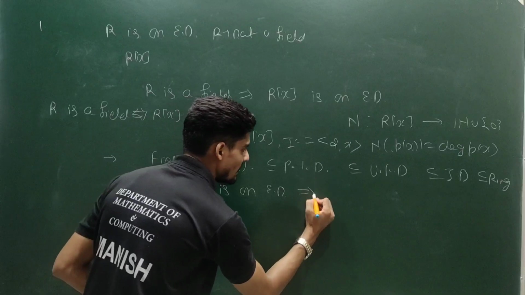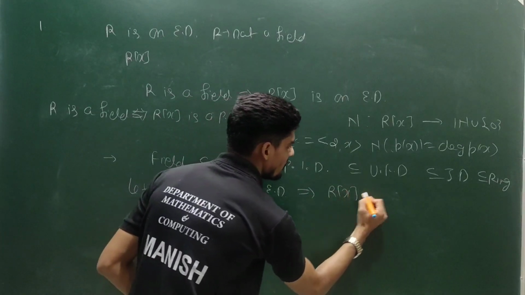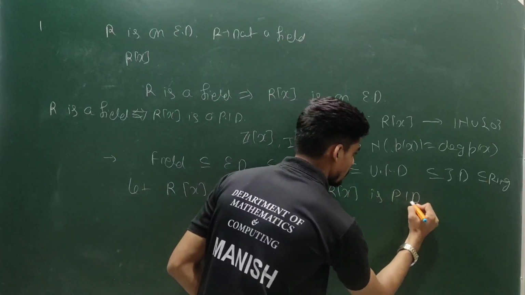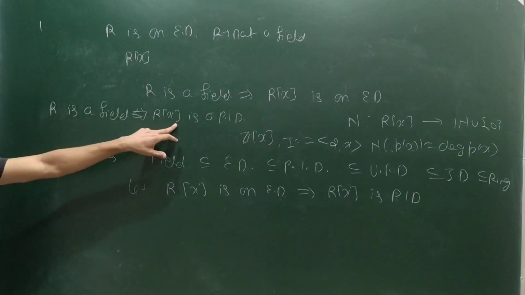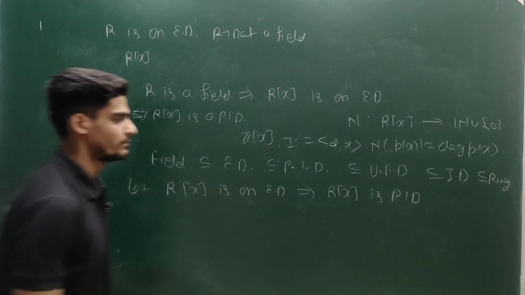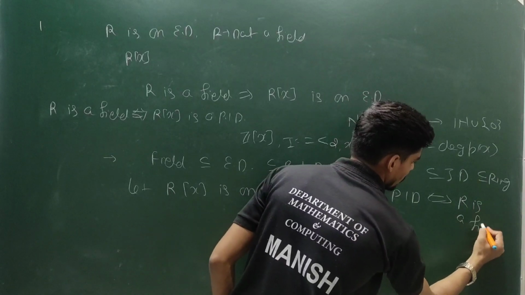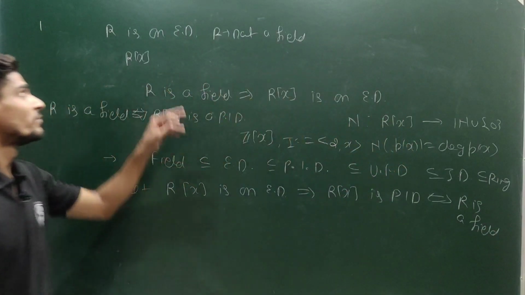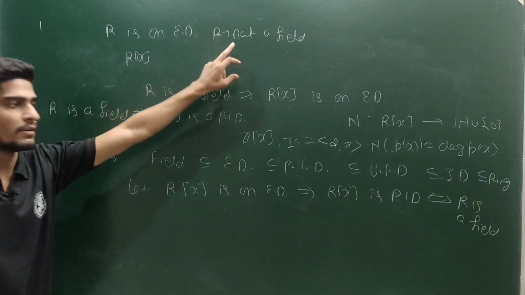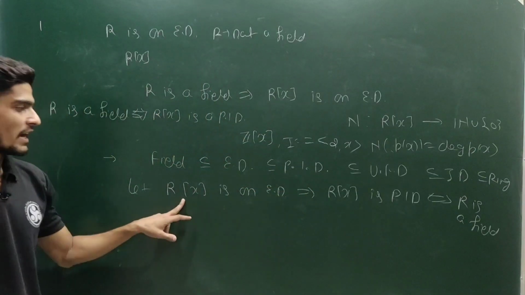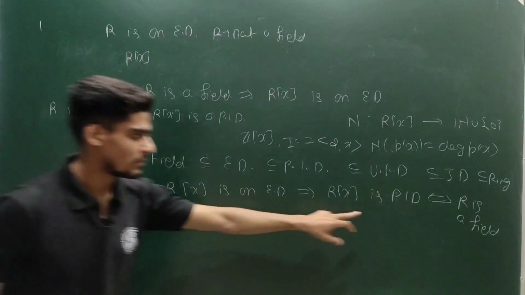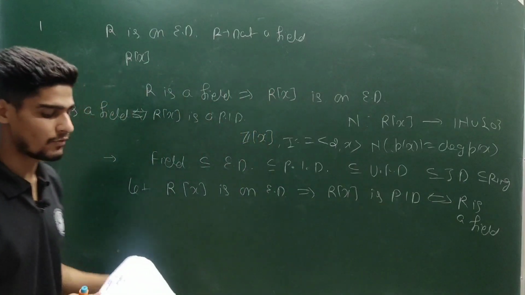This implies R[x] is a PID, but I know that R[x] is a PID if and only if R is a field. But they have mentioned R is a Euclidean domain but not a field. But you are saying that if R[x] is a Euclidean domain, then R is going to be a field. So option A is a false option.